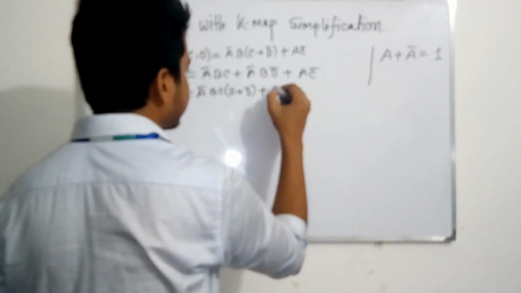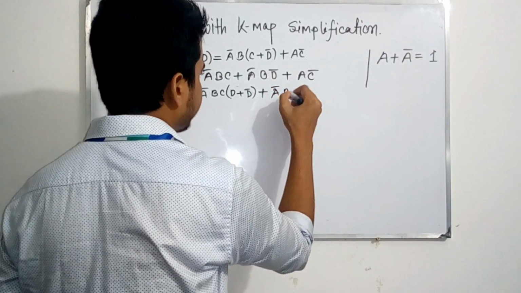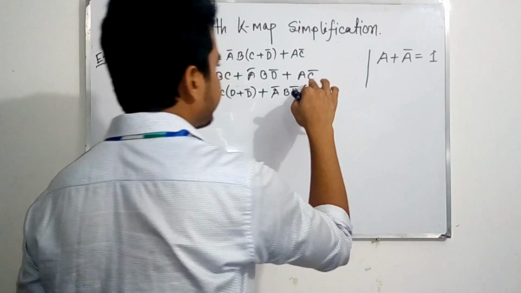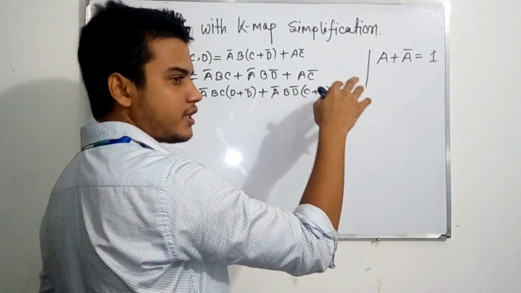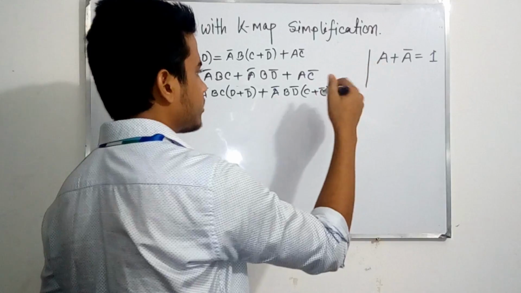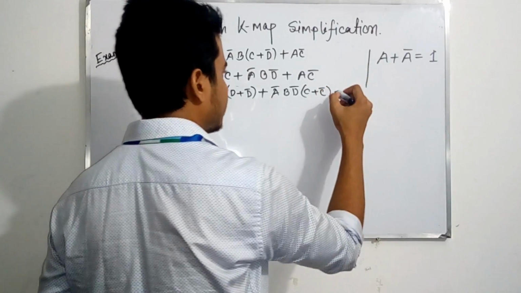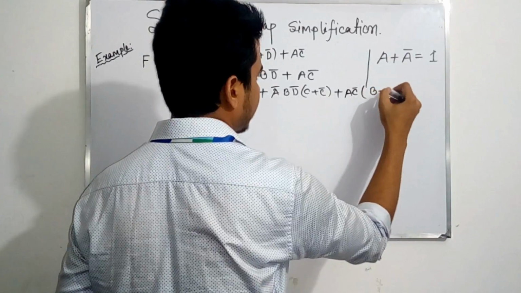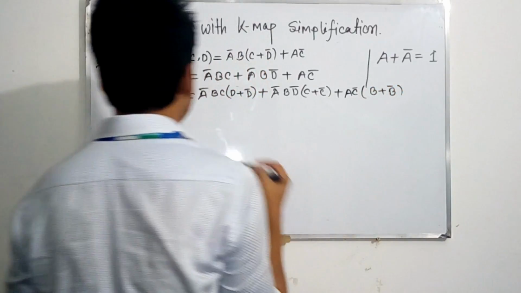Next, here C is missing, so A'BD' times C plus C'. Here B and D both are missing, so first we write B plus B' and next D plus D', for AC'.